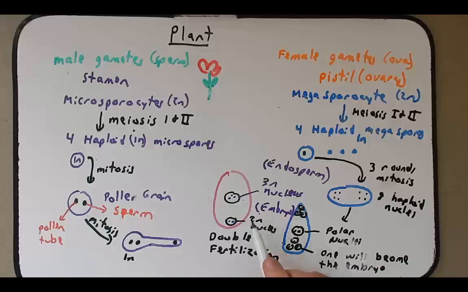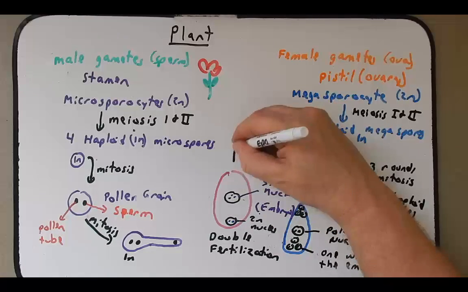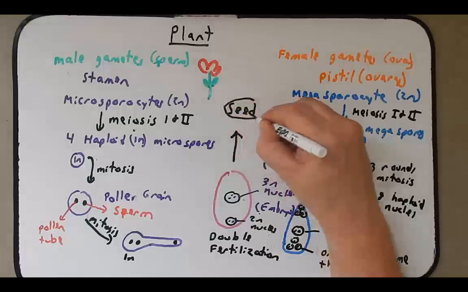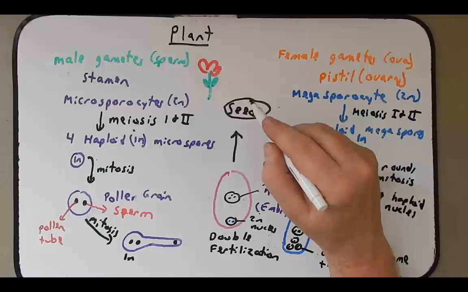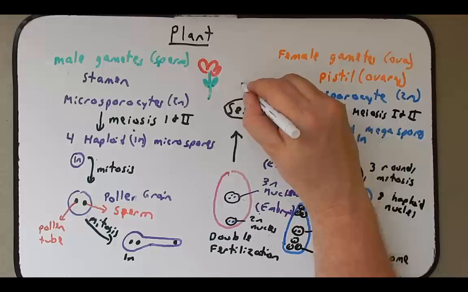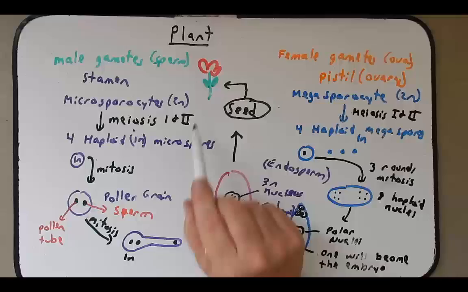By having a double fertilization event here, we've created 2 sources of genetic material. One that forms the endosperm, and one that will form the developing embryo. And as this develops, it will form a seed, and the seed can last a very long time until eventually it will germinate to produce the plant.